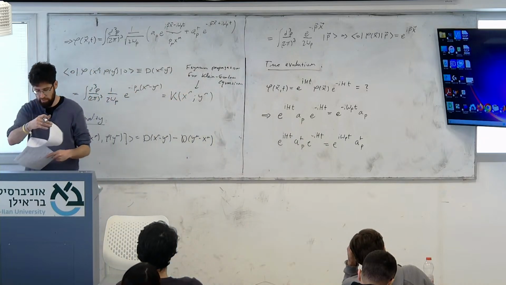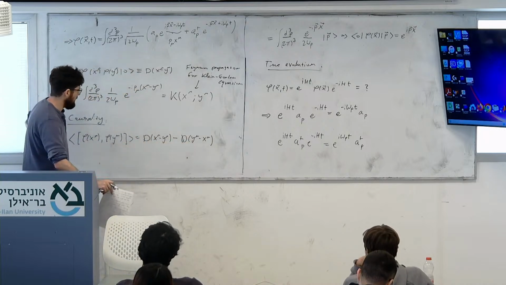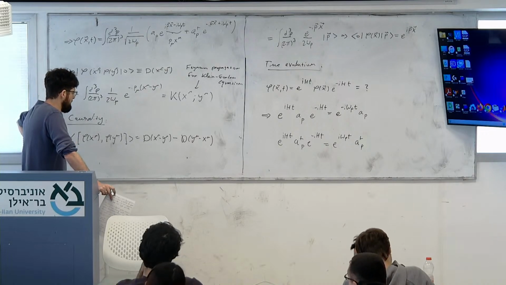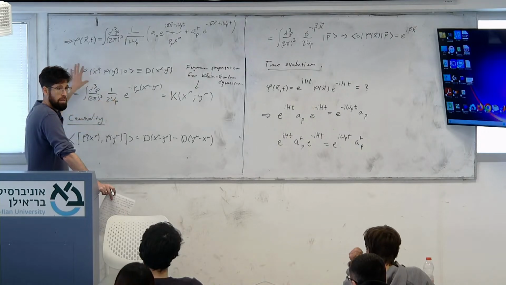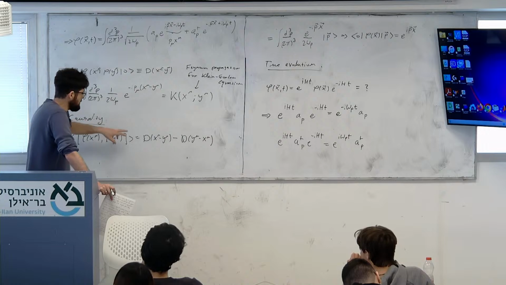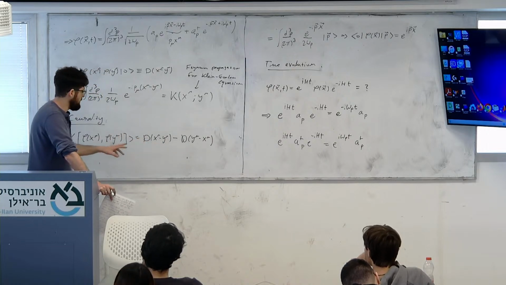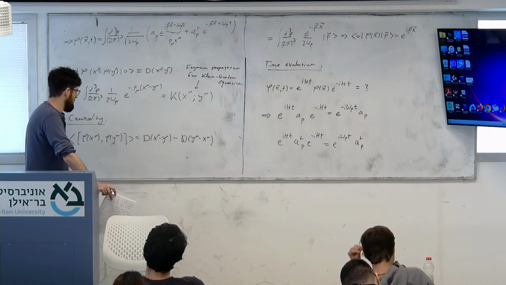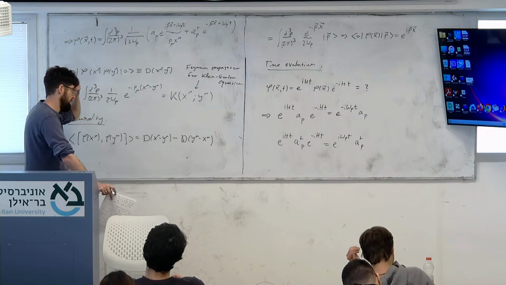And it turns out, and I'll give this in the exercise, that this expression vanishes identically outside the light cone. When this difference is space-like, this is identically zero, and when it is time-like, it is non-zero. That's how field theory basically solves this problem of causality.